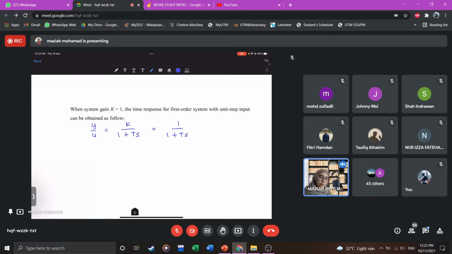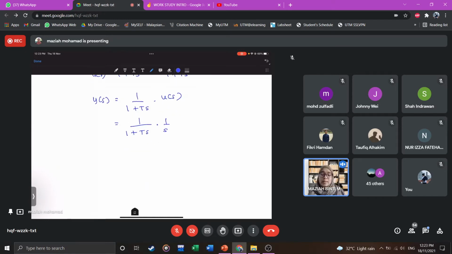Then Y(s) will equal 1 over 1 plus Ts multiplied with U(s), because the transfer function is already in Laplace s. We apply a unit step input, so we have 1 over 1 plus Ts multiplied with 1 over s.